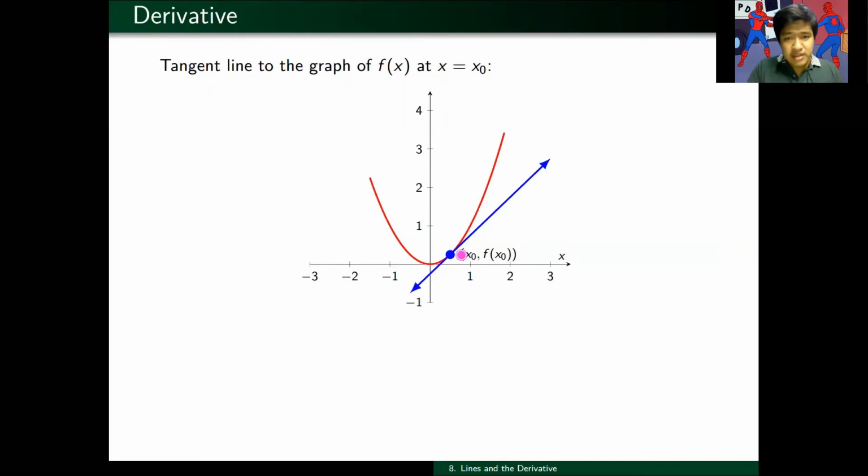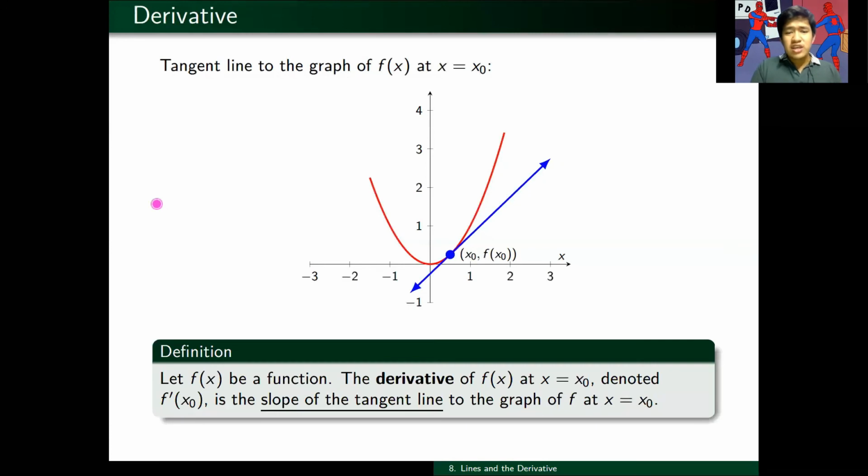Okay? So, dito lang siya dumadaan, dito lang niya ini-intersect yung graph ni f at the point x equals x0, or x0, f of x0. Okay? So ano yung derivative?